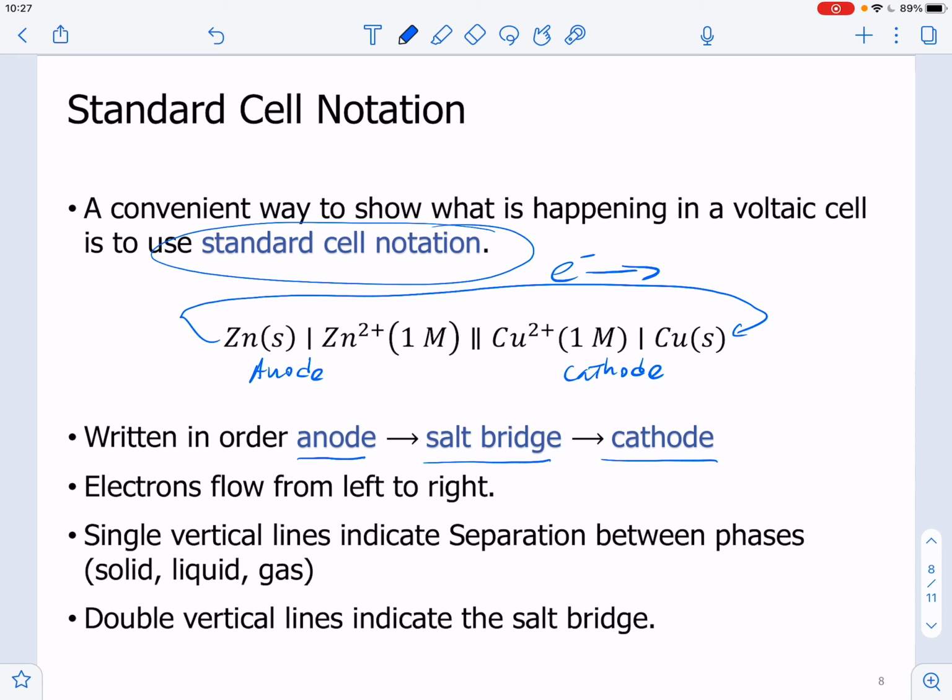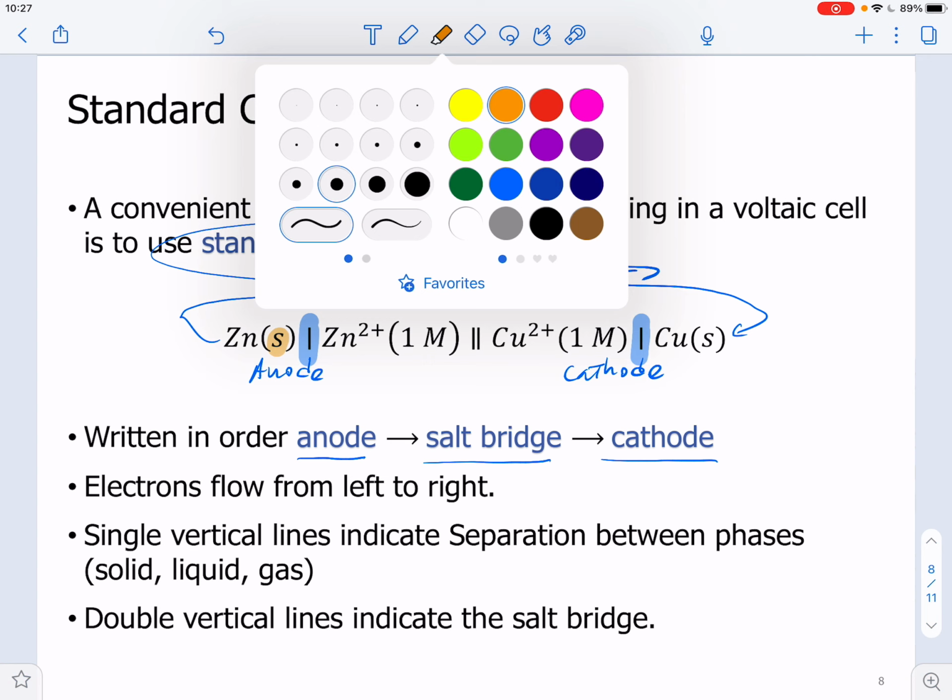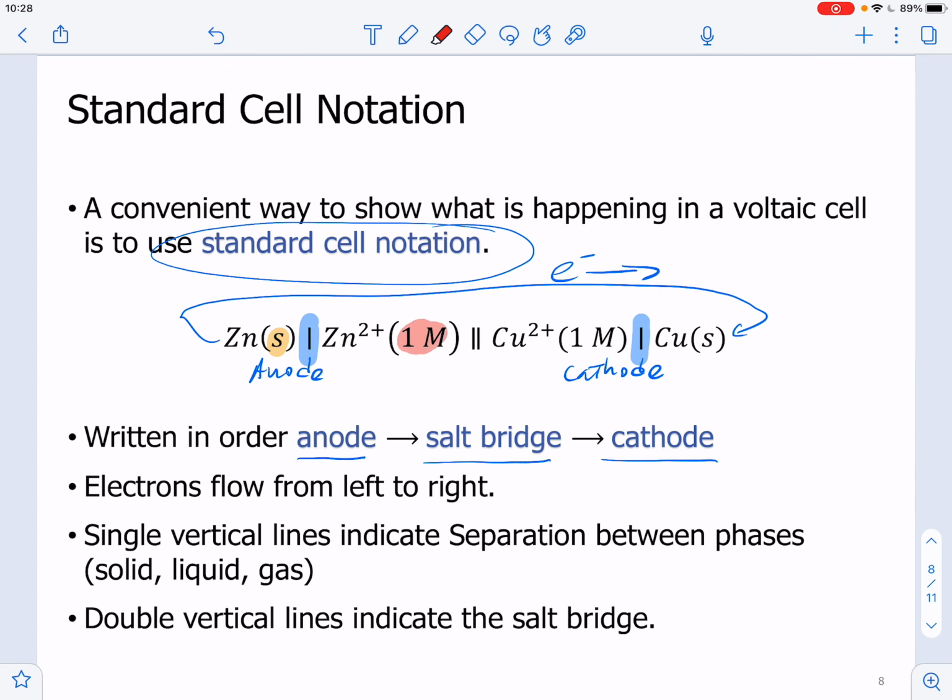Now, features of this standard notation. You will notice single vertical bars, and the purpose of those bars is to separate different phases. For example, here you have a solid, but here you have a solution. That bar is separating the fact that those two are in different phases.